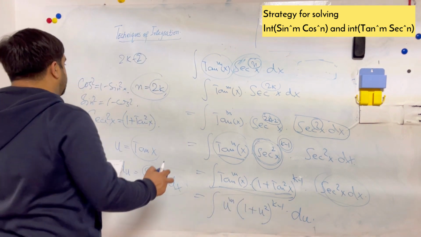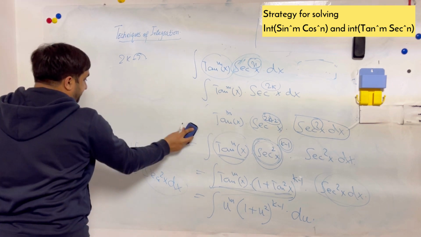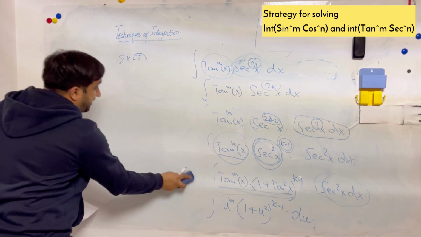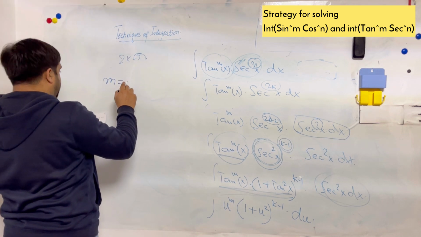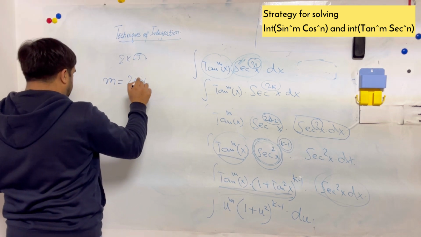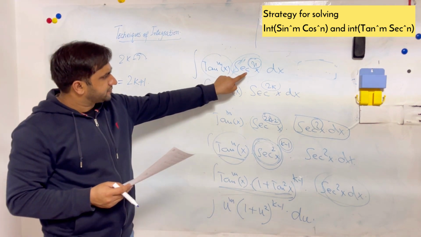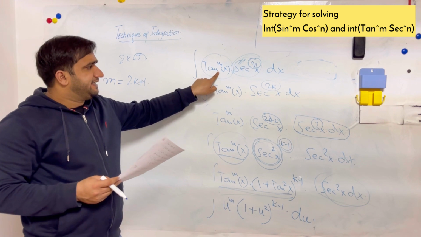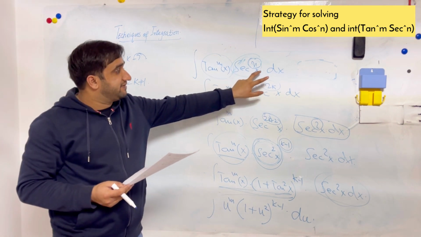And if, instead of n, the power of tan m is something like 2k plus 1, then save one factor of secant x tan x so that you can later make the derivative equal to it.